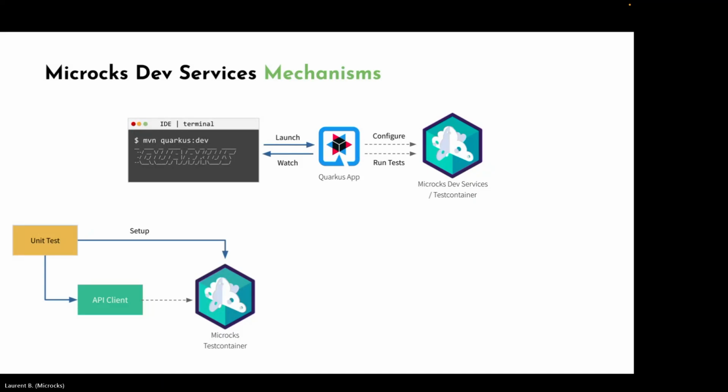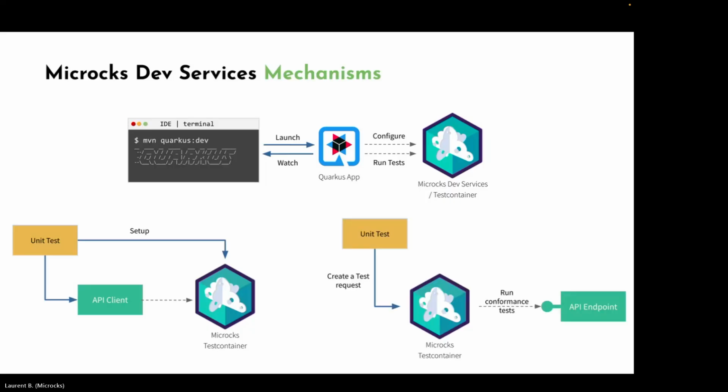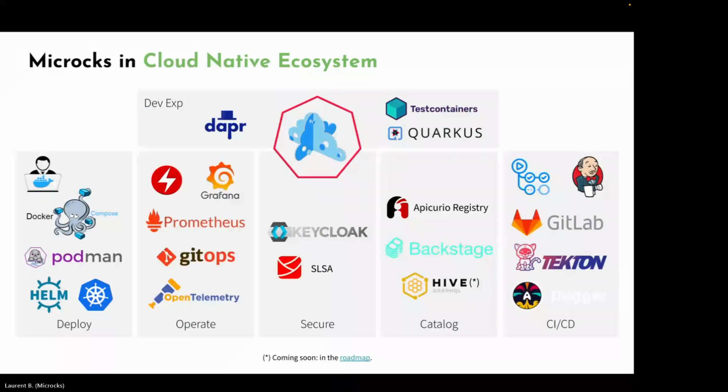And we will also see how to use Microcks directly in your unit tests, writing tests that just pop up all your API dependencies, and then tearing them down at the end of the test. Okay, and I think that's it. It's just a wrap up.